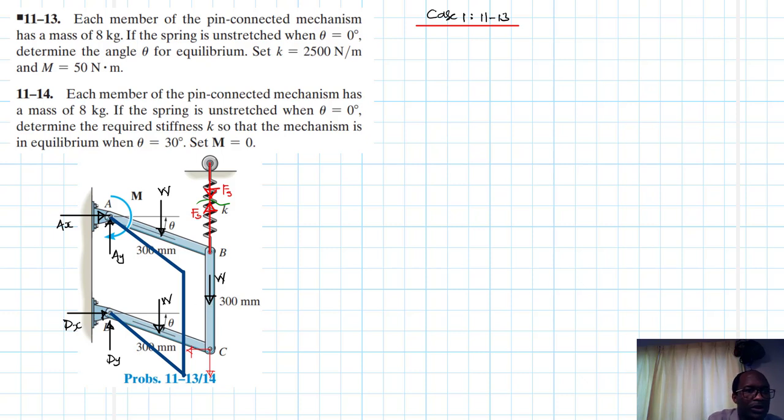At this point, let's name the points. So that's D. Let's call this point E, and this E as well, and let's call this point F. So we'll have a virtual displacement like so, and also in that direction like so.